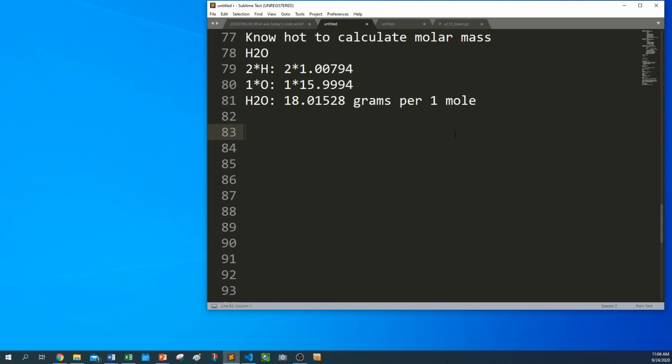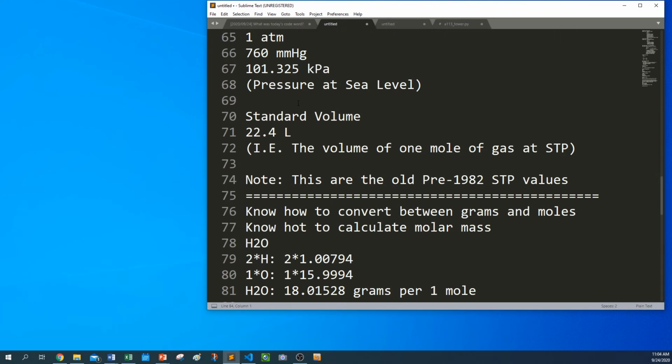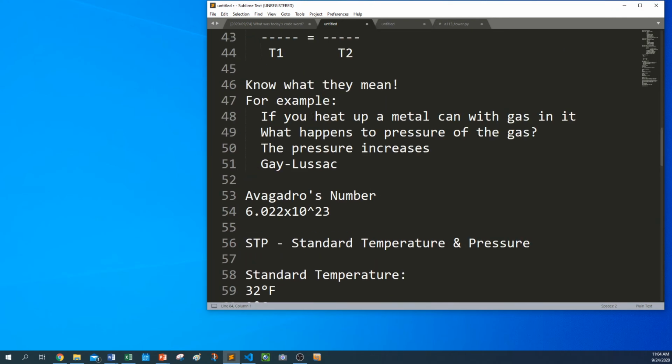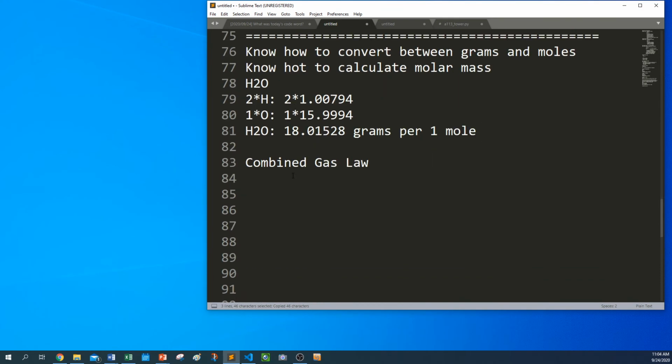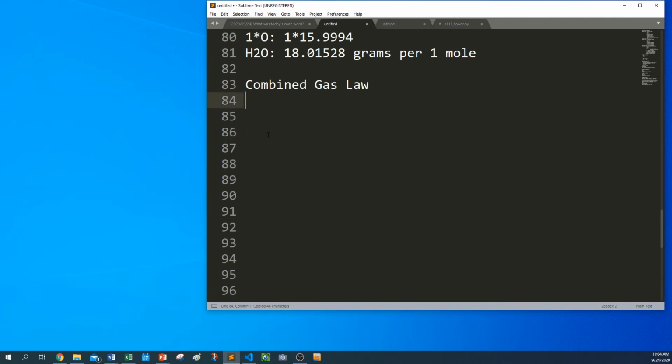There will be several questions that use the combined gas law, which I already stated, and several questions about the ideal gas law.